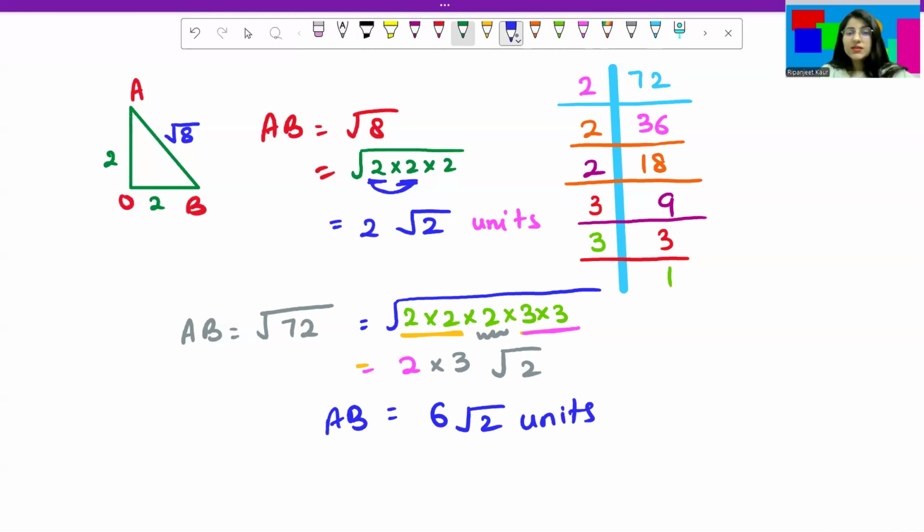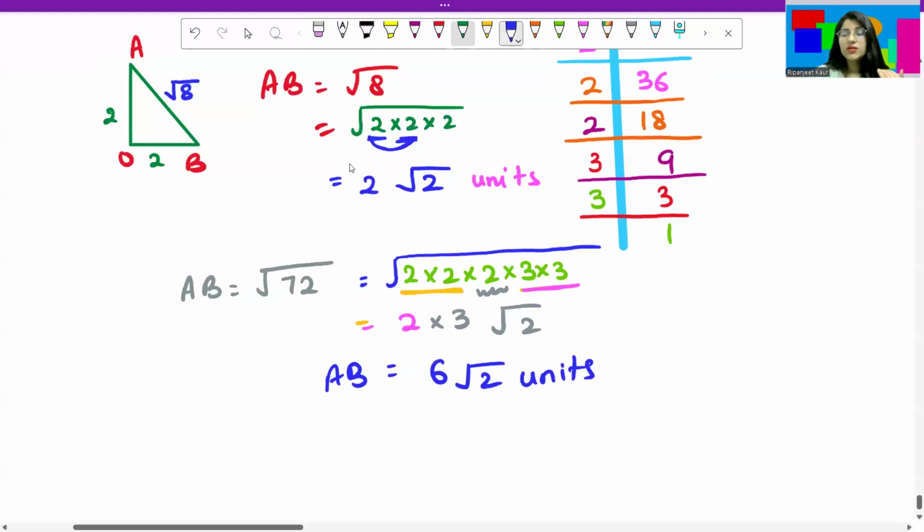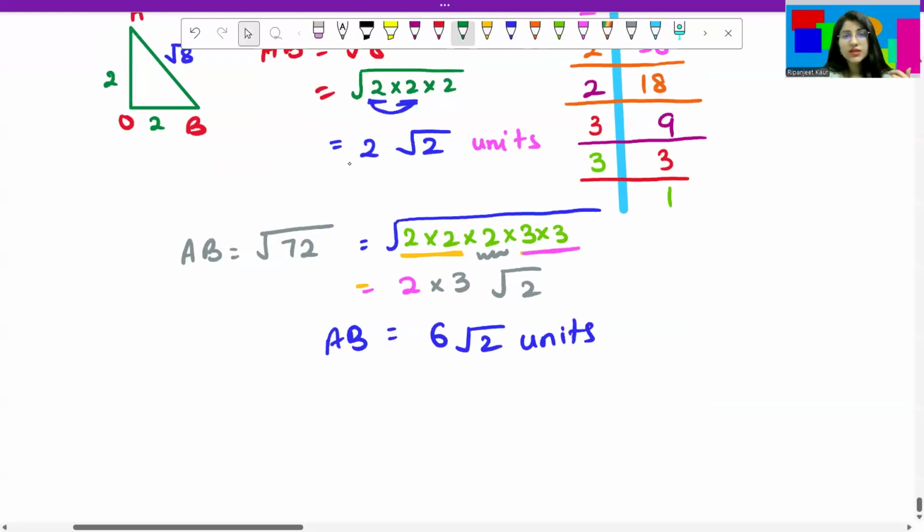Inside there are going to be numbers. From those numbers, we are going to break them down into prime numbers. And out of these prime numbers, whatever is making up a pair, from that pair we can take out one number. Now, how it works is, if it was like this, this means 2 squared under root.